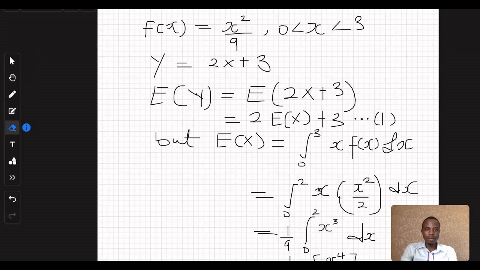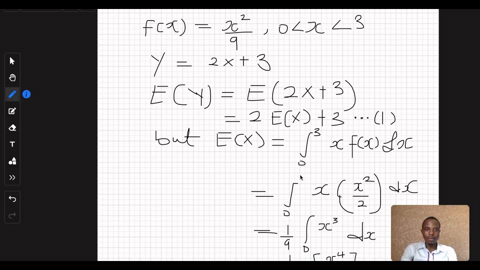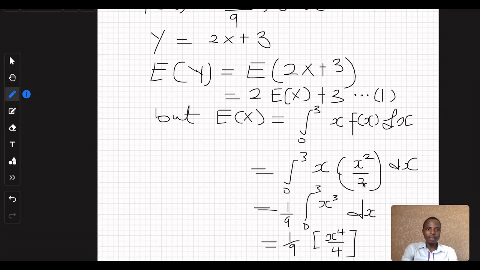Because I've changed this denominator from 2 to 9, and I've changed the range from 0 to 2 to now 0 to 3, our range will become 0 to 3, and the denominator is 1 over 9. So 1 over 9 comes out. Every other thing remains the same, except for this. Instead of over 2 here as we had before, it's now over 9. And so everything is balanced that way.